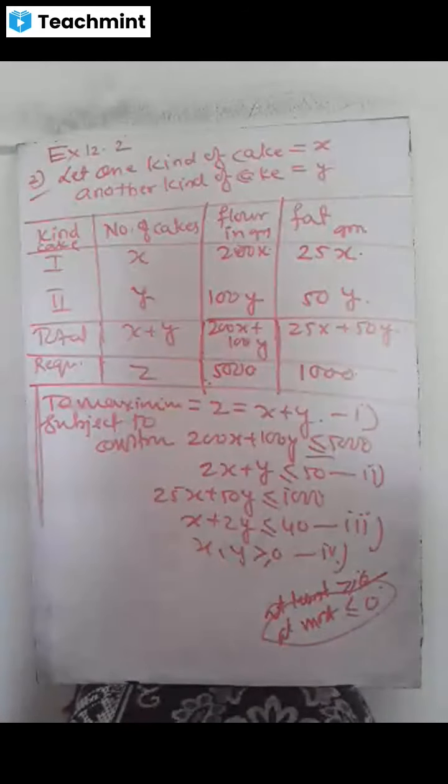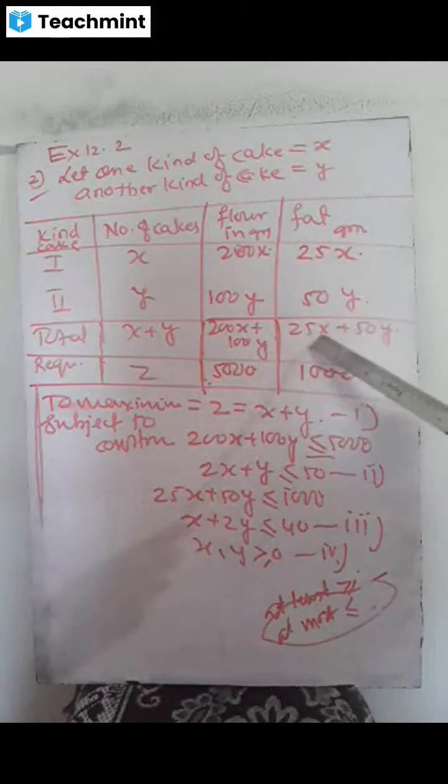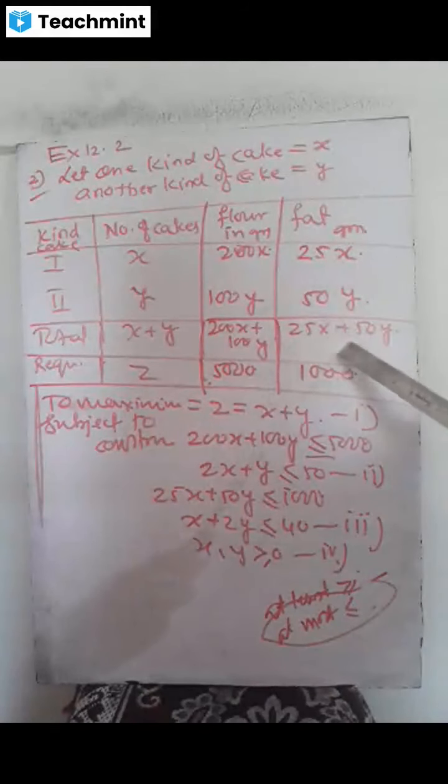So divide the whole equation by 100. So this is 2x plus y less than or equal to 50. This is equation 2. Then for the fat of the first kind and second kind, it will require 25x plus 50y, and the total fat required is 1 kg, meaning 1000 grams. So the equation we write is 25x plus 50y less than or equal to 1000.